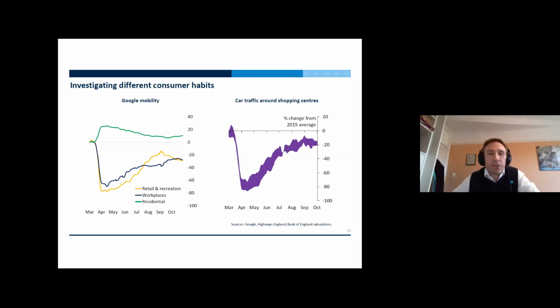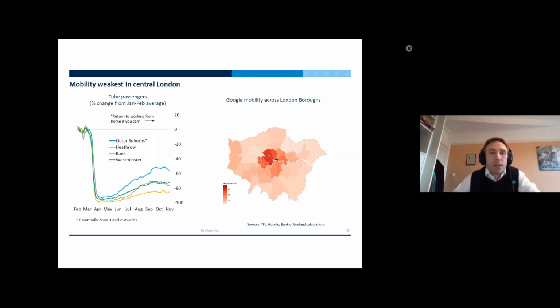Now, what I've just shown you is pretty aggregated series, proxying activities in large swathes of the economy. But you can also use faster indicators to get a lot more specific and try and draw out economic stories. And here's a couple of things on London. So the left-hand side shows London Tube passenger data split by various stations.